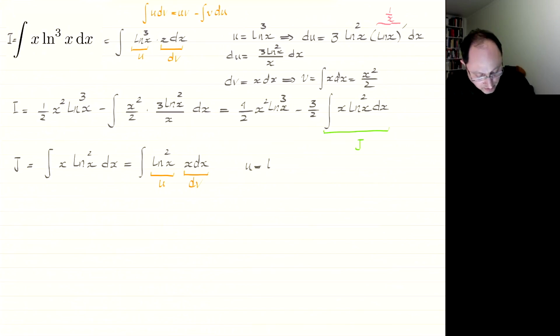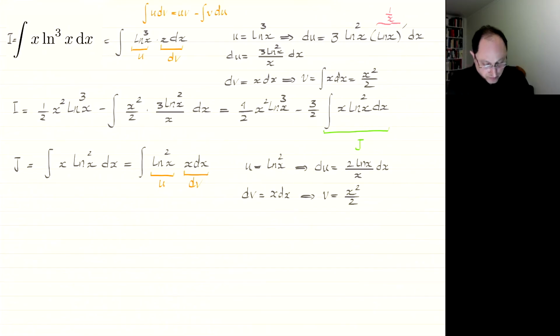So u is ln of x squared, so du becomes 2 ln of x multiplied by the derivative of ln of x, which is 1 over x, and then dx. Okay, and then if dv is equal to x dx, then v is the integral of this one, which is x squared over 2.